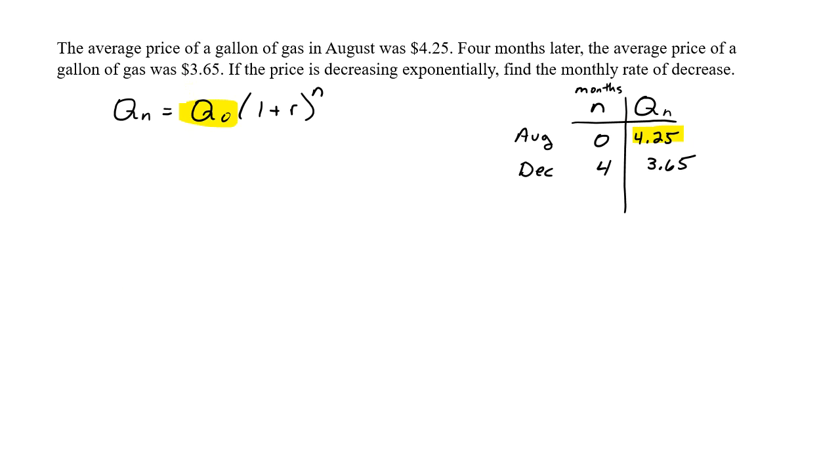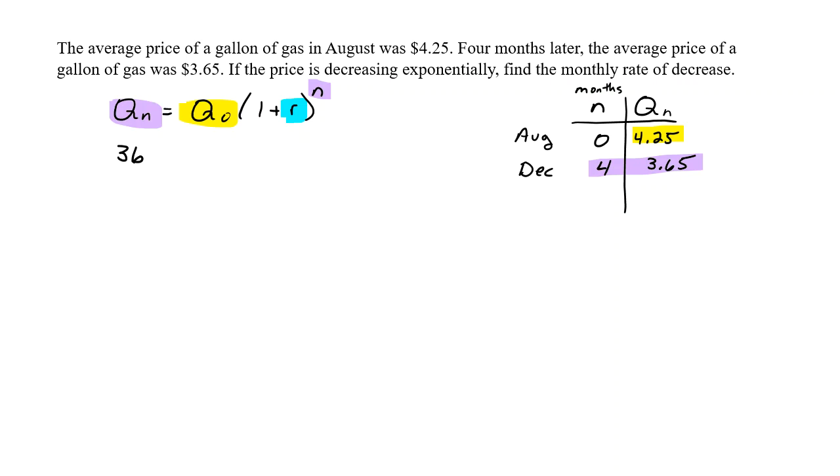So what we're trying to figure out here is the rate. So what we need to do is plug in values for all of the other variables, and we've got our Q sub 0, and then we're going to use this N and this Q sub N. These go together. These are data points. So we know after 4 months that the price was $3.65.